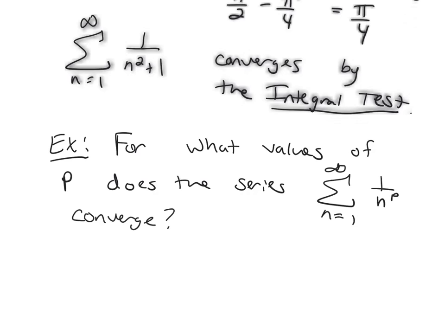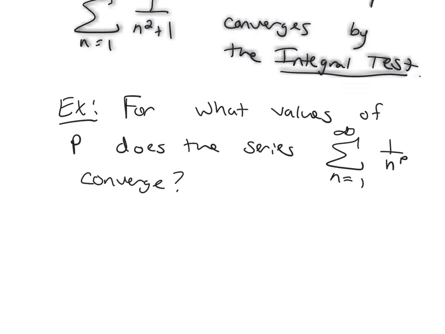And so I'm going to break this up into if p is negative and if p is not negative. Okay, so let's start with the case if p is negative. If p is less than 0, well, I said I always like to start with the divergence test, so let's just use the divergence test here. I'm going to compute the limit as n goes to infinity, 1 over n to the p.